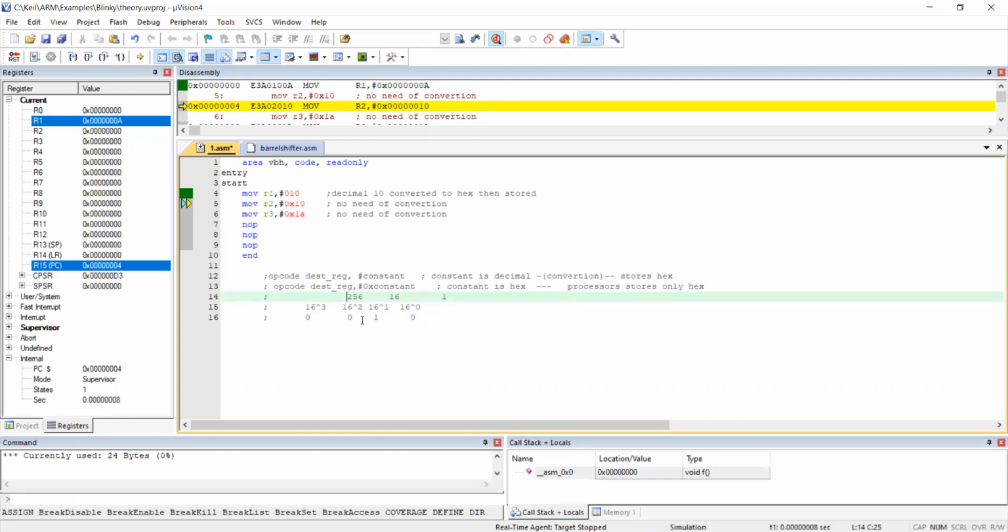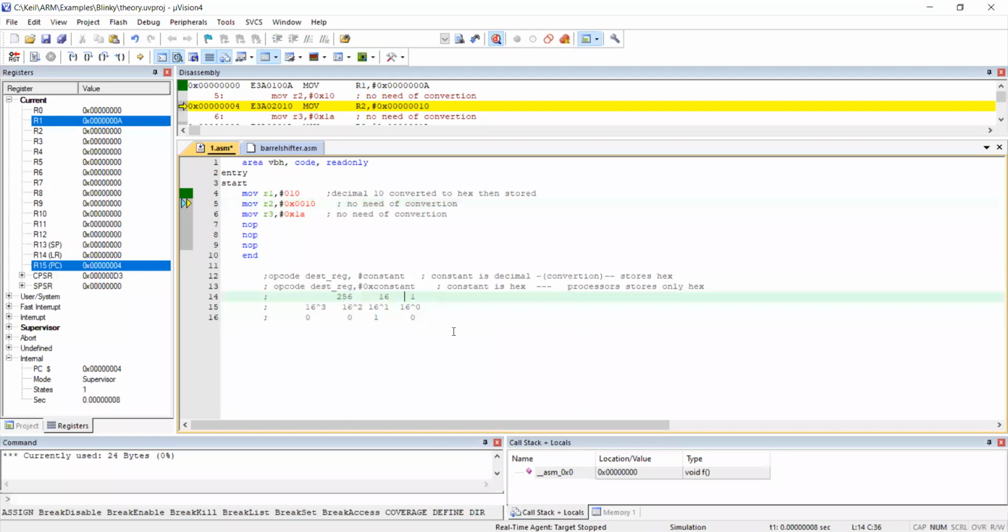So what is the value we have here? 0x10, so that will become like this, 0x0010. If 0x0010, what is its value? Can you see here? No, wrong.